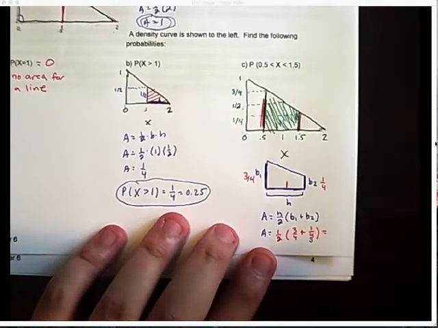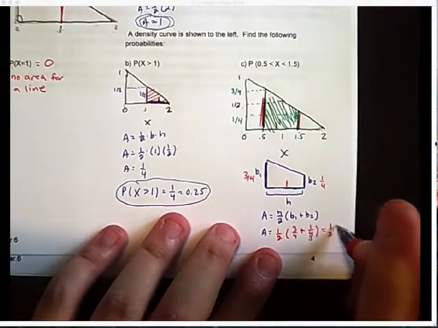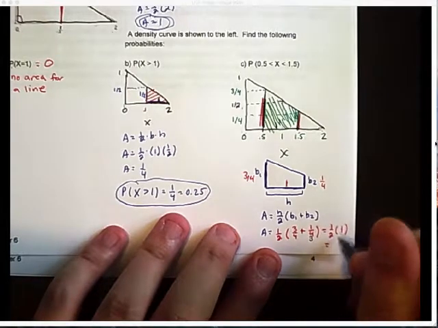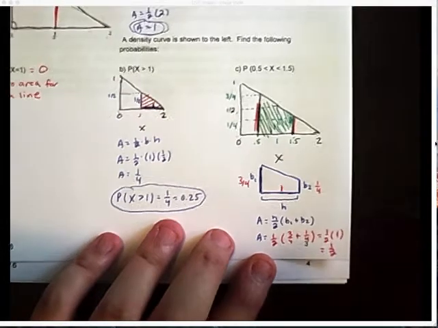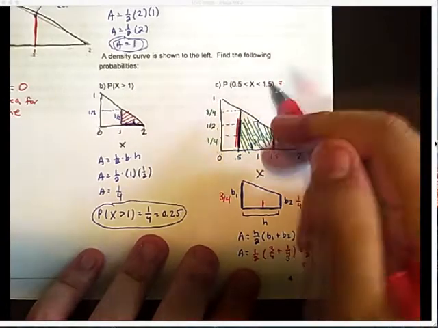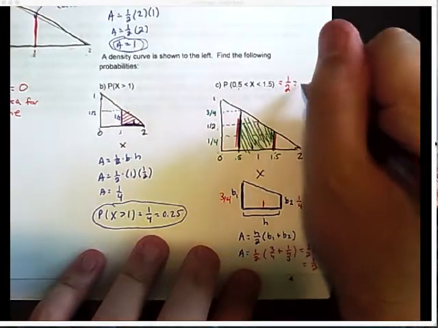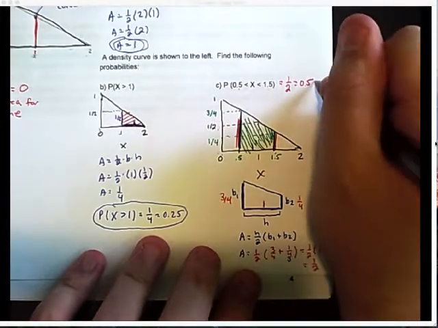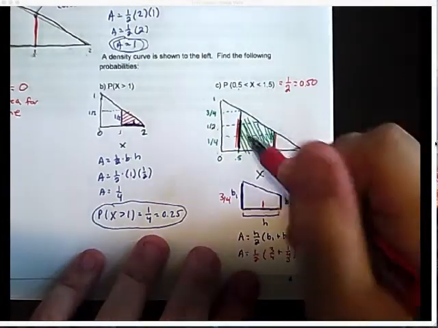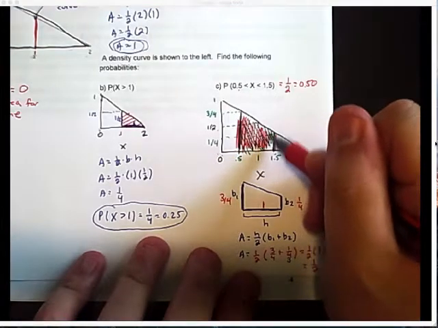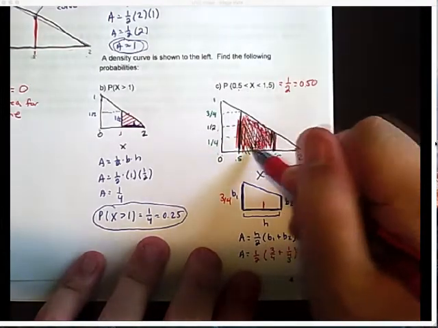So if I simplify this a little bit, 3/4 plus 1/4 is simply 1, and a half times 1 is a half. So the probability that the x value falls between these two is simply a half, or 0.5. So this is half of the area of that big triangle.